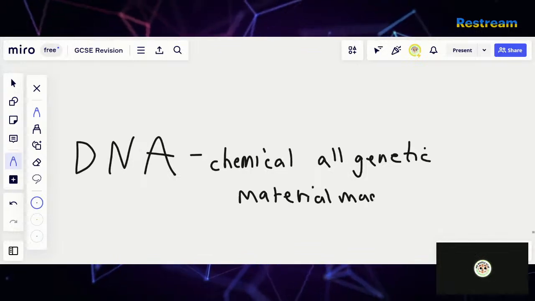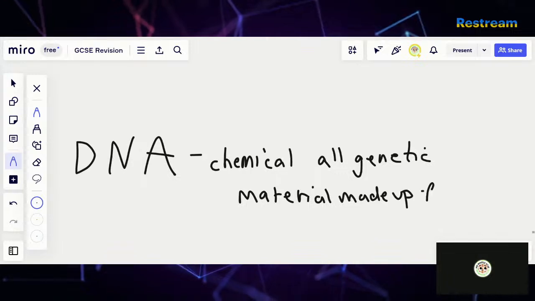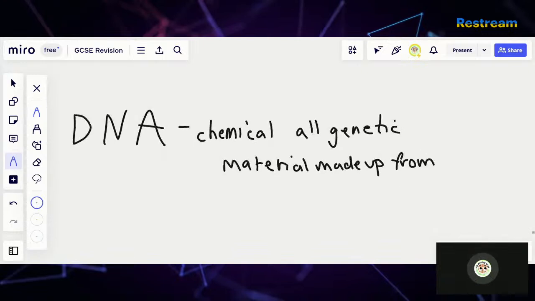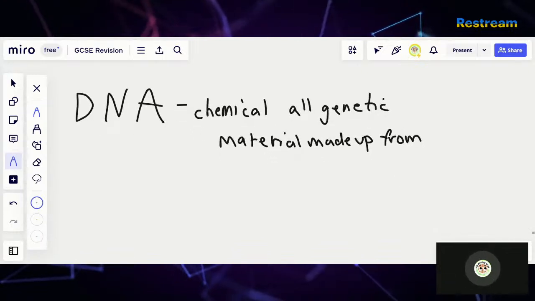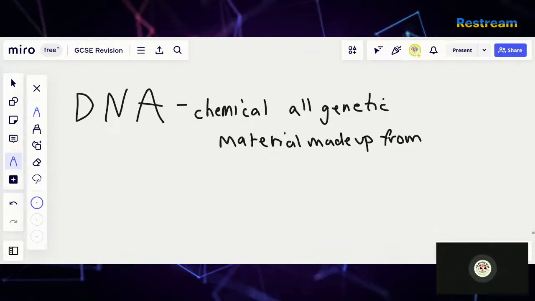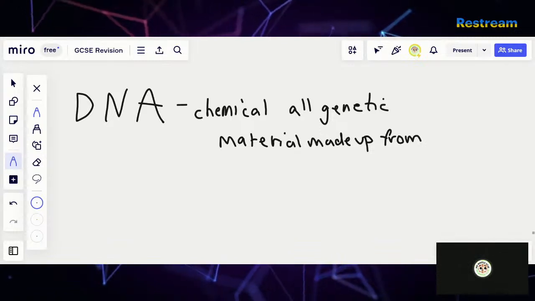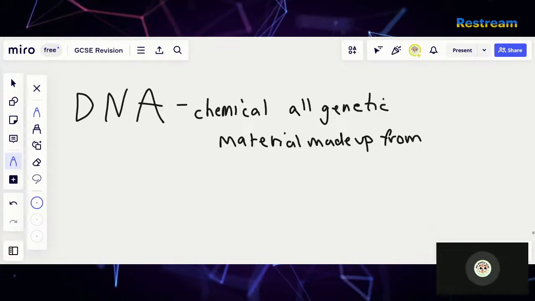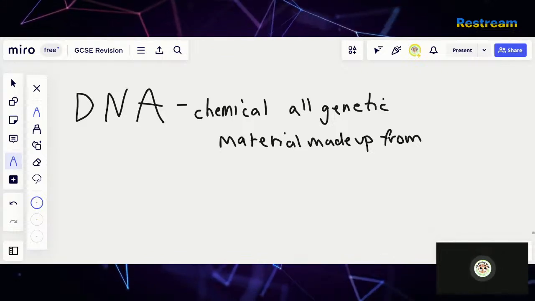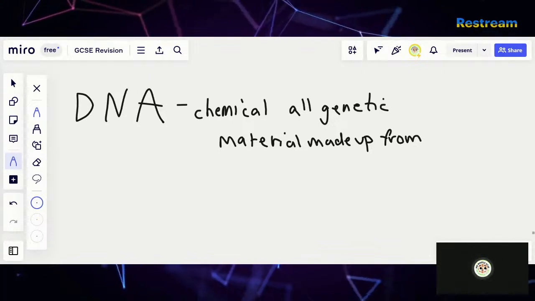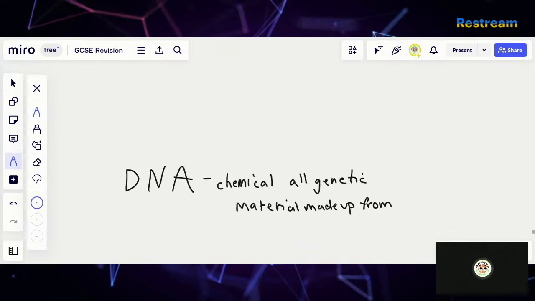Now, the DNA contains all of this coded information that has all of the instructions needed to put an organism together. So whatever is in your DNA controls whatever inherited characteristics you have. So DNA is found on these really long structures called chromosomes.